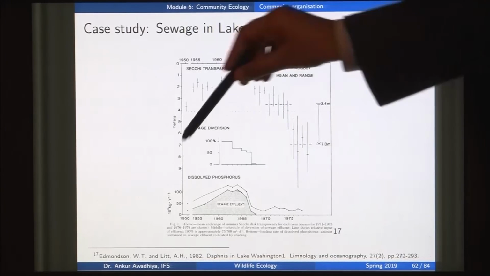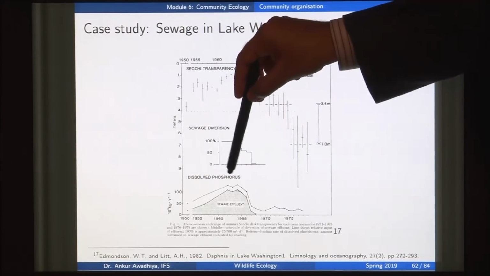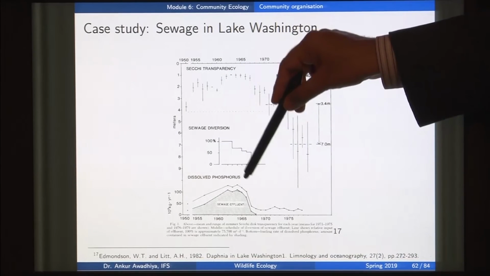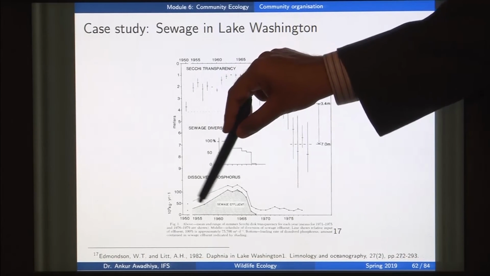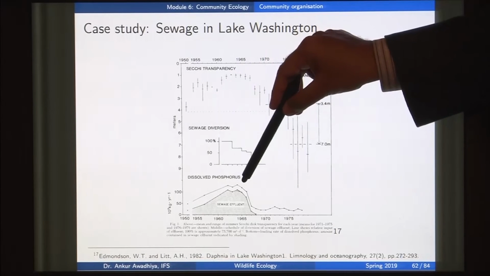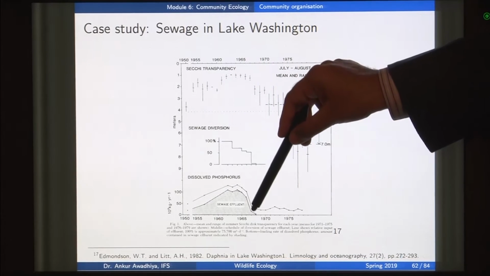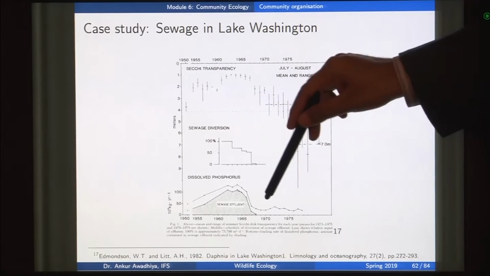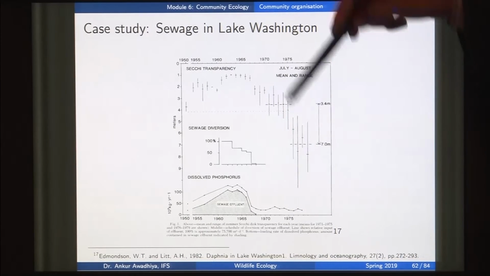In this case this is showing you the level of dissolved phosphorus. Phosphorus is only coming because of the sewage. So, if you have more sewage you will have more phosphorus, and when you have less sewage less phosphorus is coming, and then after a while it reduces as well.